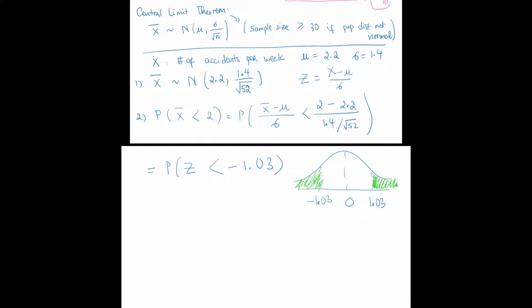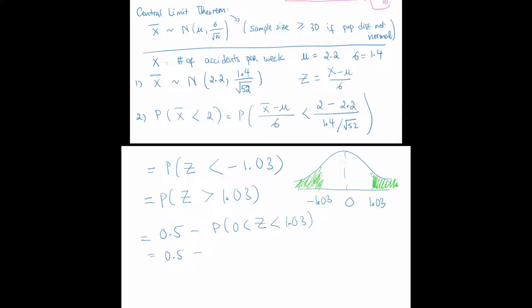So here, I know that the probability of Z less than minus 1.03 is equal to the probability that Z is more than 1.03, which is this one. And it is equal to 0.5 minus the probability that Z falls between 0 and 1.03.